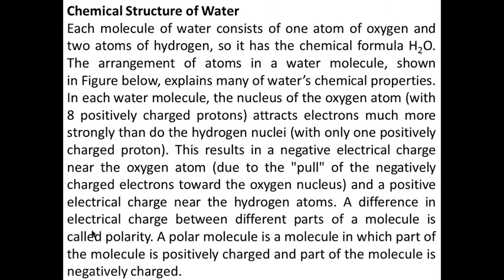A difference in electrical charge between different parts of a molecule is called polarity. A polar molecule is a molecule in which part of the molecule is positively charged and part of the molecule is negatively charged.